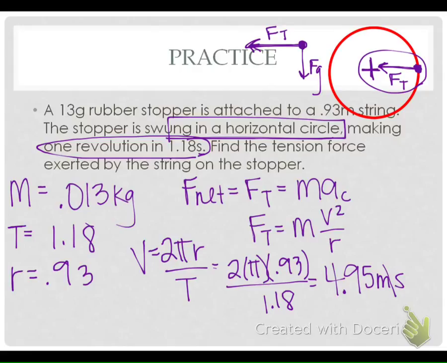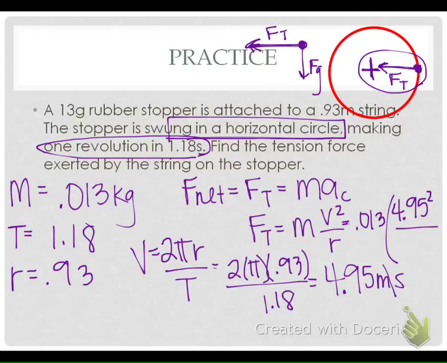Let's make sure that everyone agrees. So we solved for velocity, we got 4.95. We're now just going to plug that in for our v squared. So force of tension equals mass, which is 0.013, times 4.95 squared over, what's it go over?